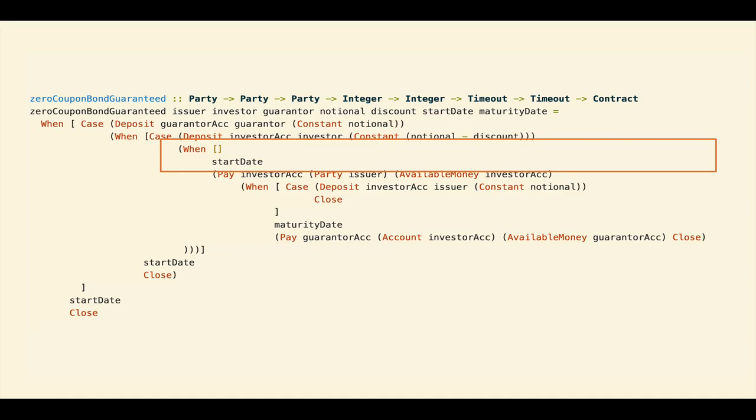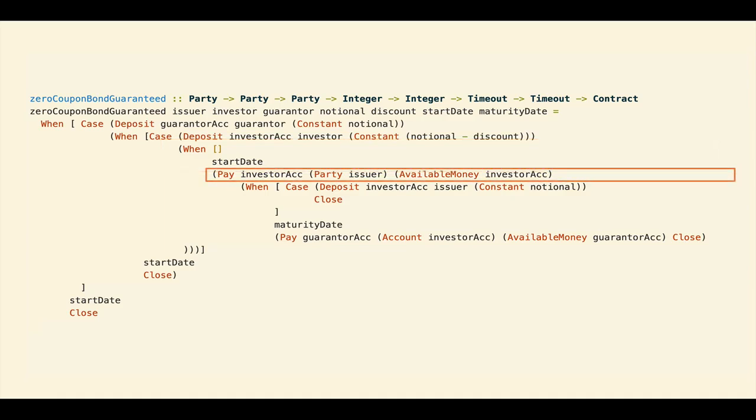So what this says is wait until the start date and then do what comes next. And at the start date, we have a payment from the investor account to the issuer, the available money in that account, which we know is the notional minus the discount. So at that point, at the start date, the issuer gets their money.